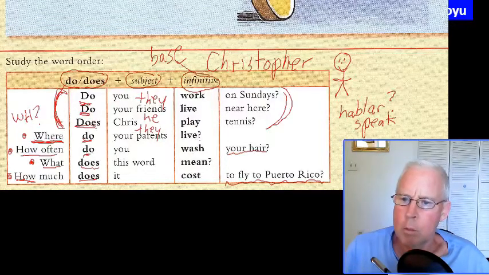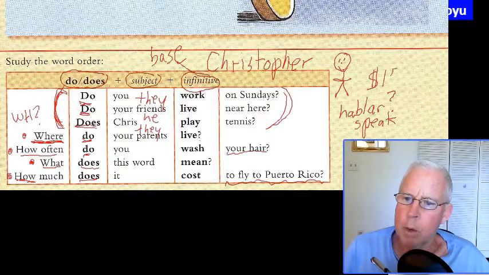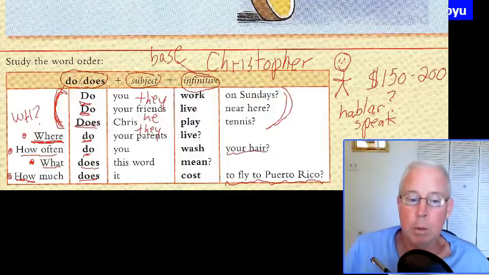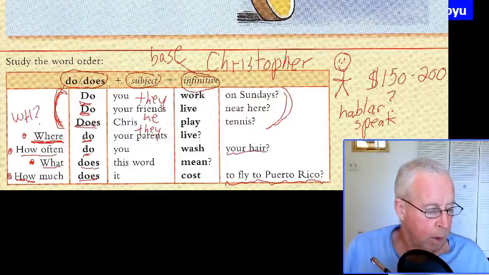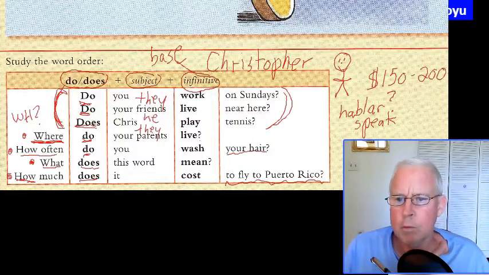From where I am, probably, I don't know, somewhere between, I guess about $150 to $200 maybe, even round trip maybe. From where I am, it's about probably less than 2 hours.